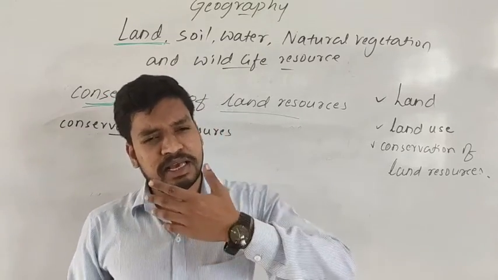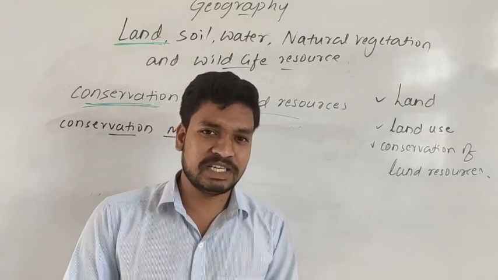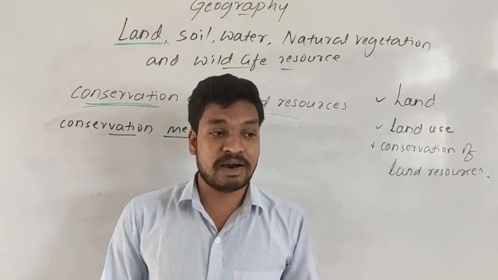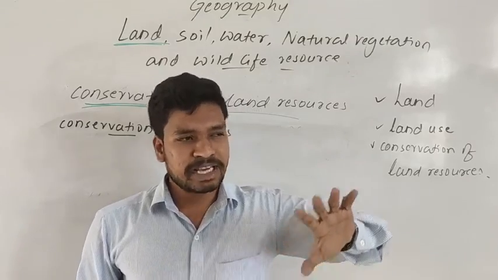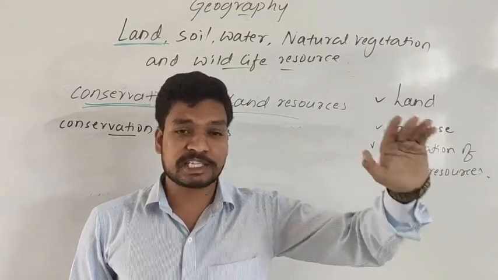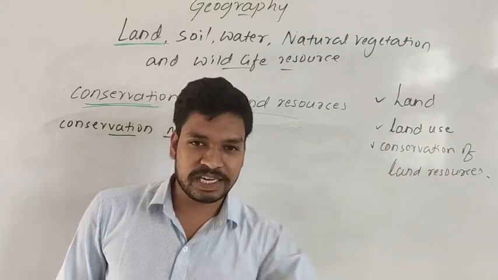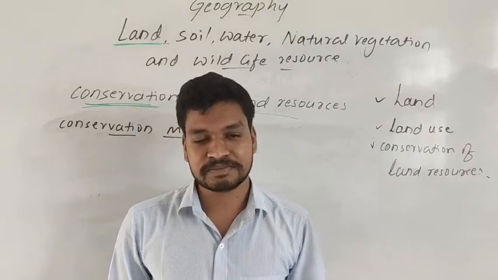For every inch of a land we are making use for a different activity, so it is leading towards degradation of a land. So we need to check the level of degradation of a land. If we are making use of that land more, it degrades more. So suppose the land is getting more degradation, then we need to apply some other methods to reduce the degradation.